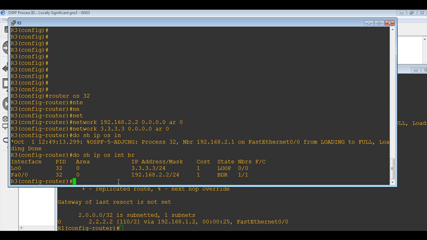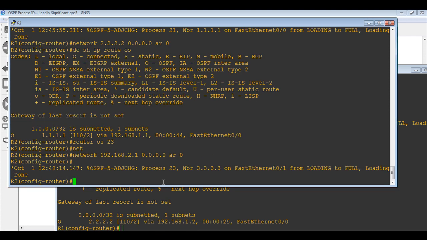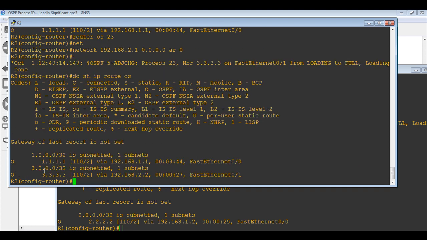And let us check now on router 2 if it has the OSPF route. So do show ip route ospf. We see that router 2 received the route of the loopback of router 3.